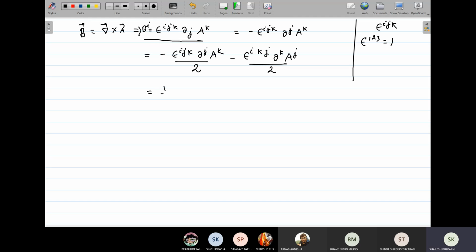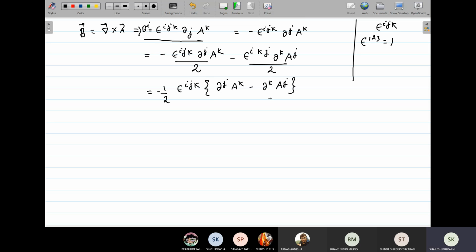Now I will use the antisymmetry property: epsilon ikj is minus epsilon ijk, so that minus sign becomes plus. I take epsilon ijk common, and the resultant expression is minus half epsilon ijk times del j ak minus del k aj.